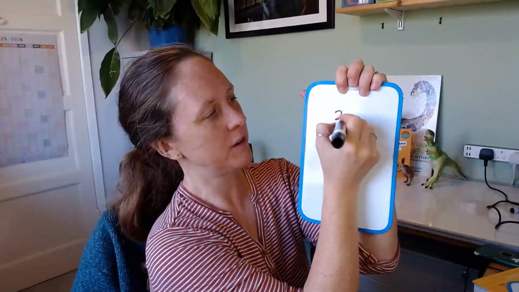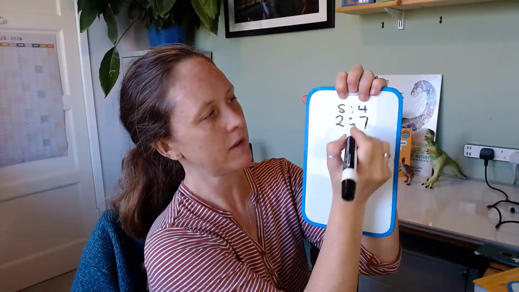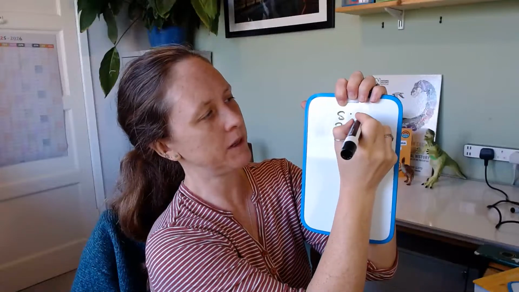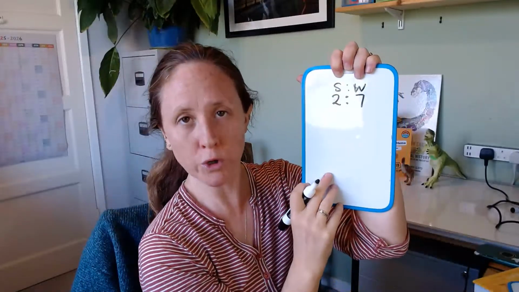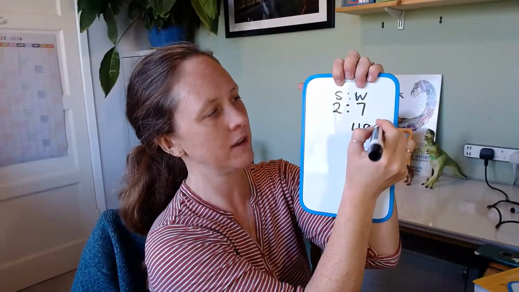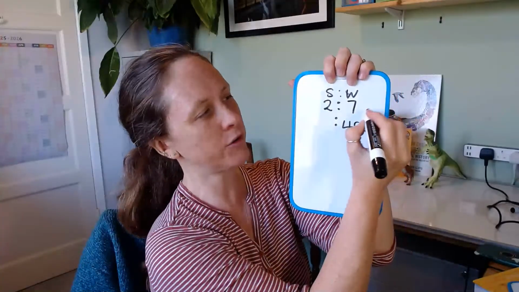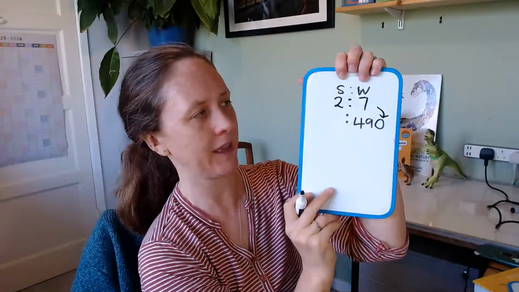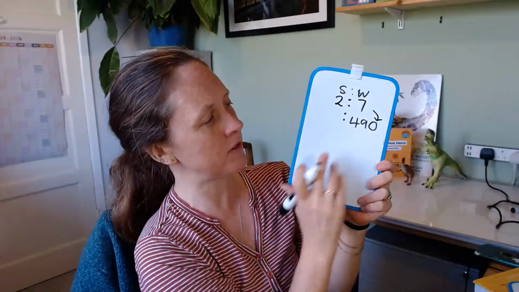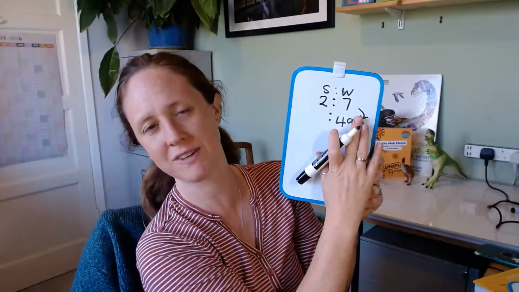If you prefer using the ratios, you can put 2:7 for your soap to water. Oh, I've put a 4 instead of a W. We knew how much water that Claude was going to use, so we'll put the 490 underneath the 7, and we've got to work out what we're multiplying here. Some of you may have spotted it because you might know the link between 7 and 49.